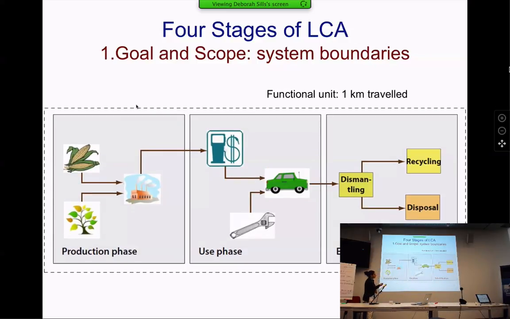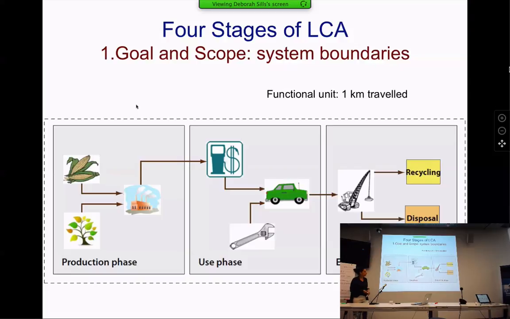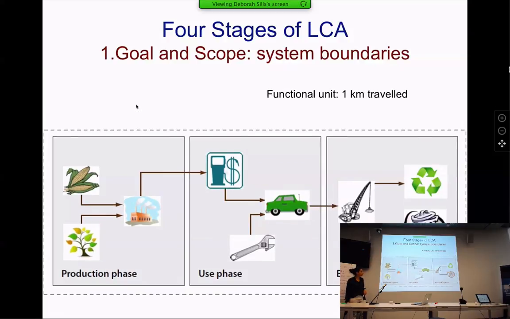Although this maintenance, really, it's not maintenance of the car, it's maintenance of the plant, but it is during the use phase. Dismantling of the plant, recycling and disposal. So this is pretty typical. Sometimes in energy production systems, people ignore the plant because it's minor, but it's not so hard to do in these cases.